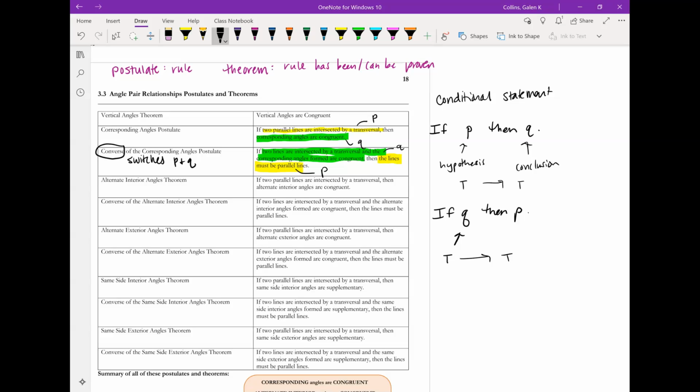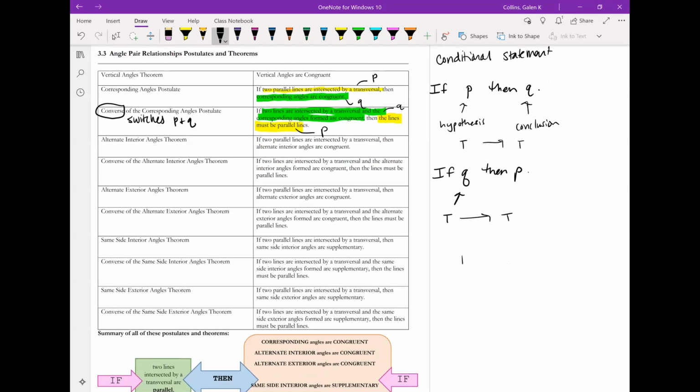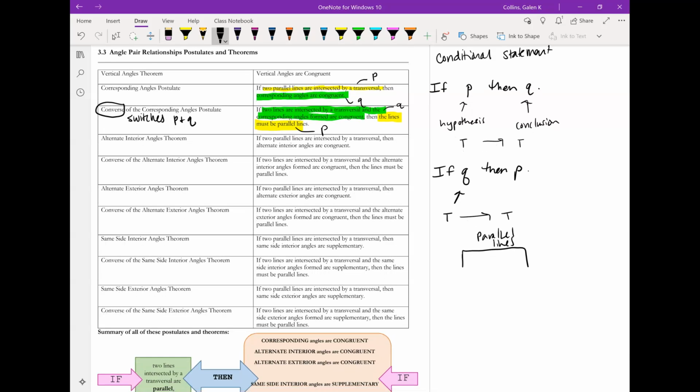All right, so all of these theorems just go into detail on what we talked about in the last section, that when we have parallel lines, in fact, we could do a quick little tree map out to the side. If we have parallel lines and these angle pair relationships are formed, there's a bunch of congruent angles. That's going to be our corresponding, our alternate interior, our alternate exterior, and our vertical, and those are always congruent.